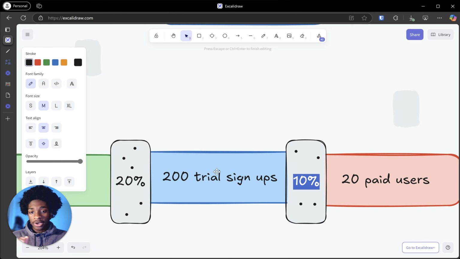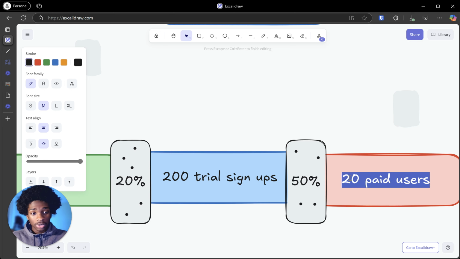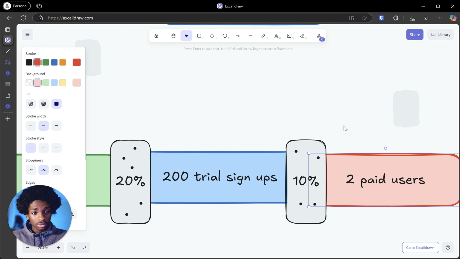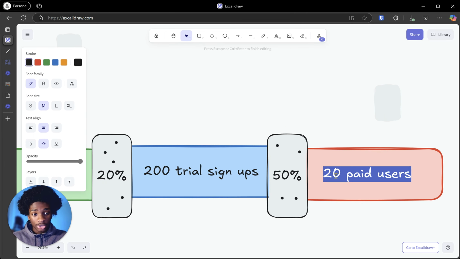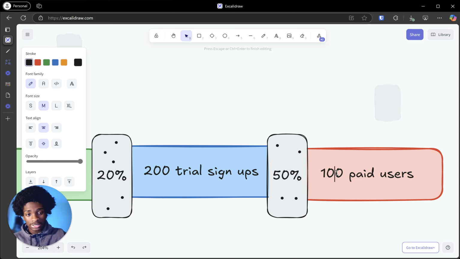Out of the 200 people that sign up for a trial, I do think a good number is 50 to 60% converting, if not higher. So it goes from the original 2 paid customers to 20 from changing the last fitting, to now 100 paid customers by changing the final fitting, trial to paid.